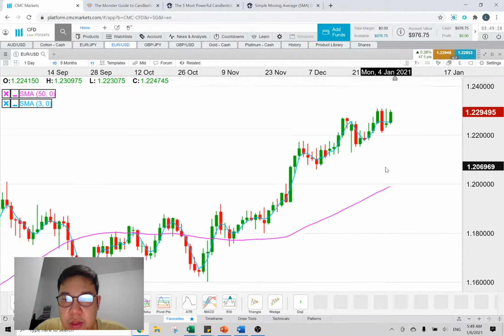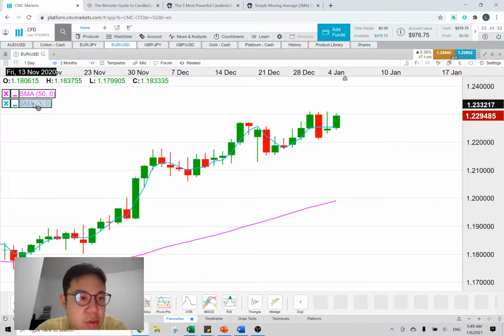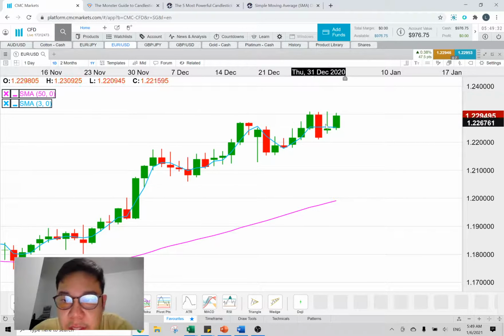Okay, now you see. Because I do 3, right, it is basically the past 3, 1 2 3 and then average up of the close. So you add the close 1.229495 plus 1.224745 plus 1.221595, then divide by 3, gives you this part.